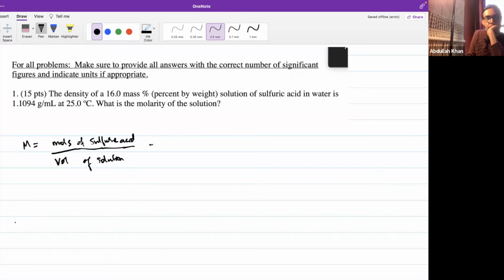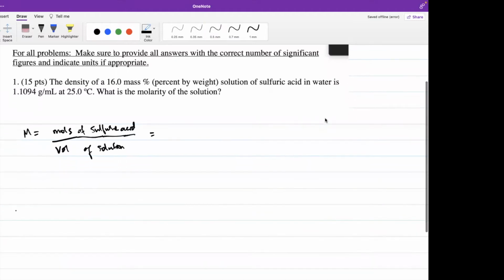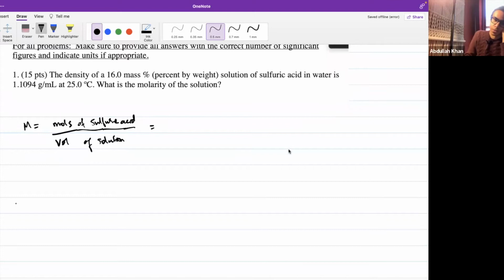Amazing. Since this is a percentage question, what's our mantra with percentage questions, generally speaking? Convert it to over 100. 16 over 100. So that's like starting with 100 grams of the stuff. So let's start with 100 grams of solution.